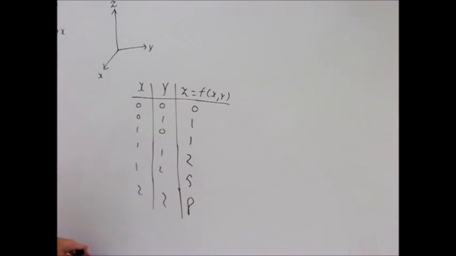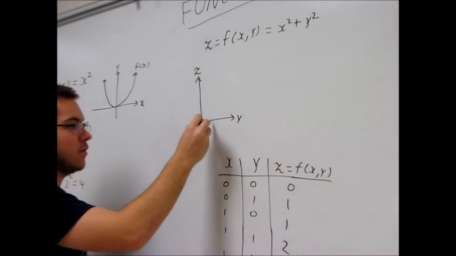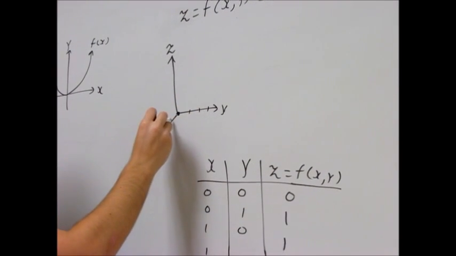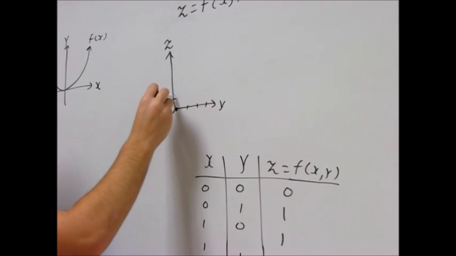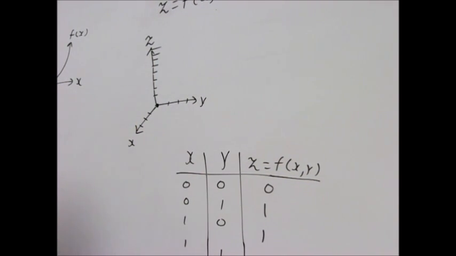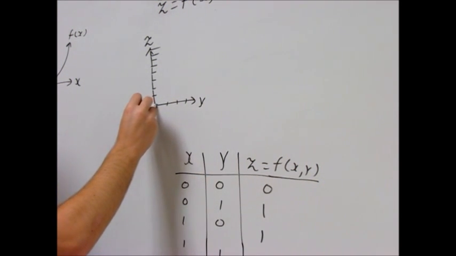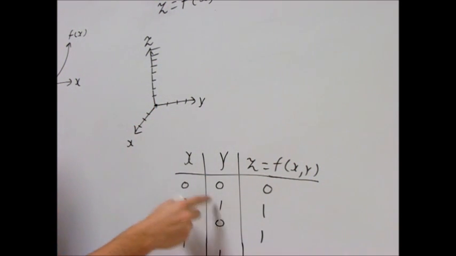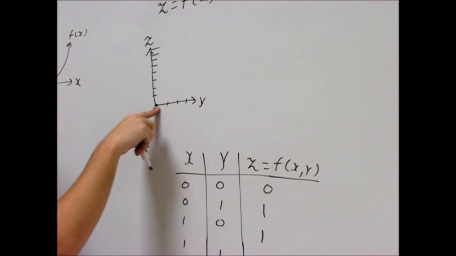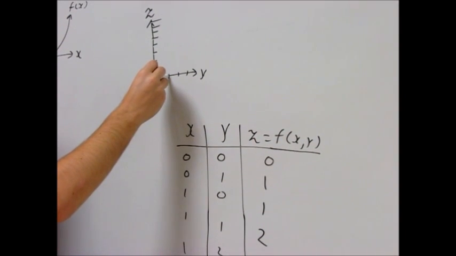Now I can plot these points so I can get an idea of what this looks like. 0, 0 gives you 0, so here's the origin. And 0, comma 1, that's 0 in the x and 1 in the y, and from this point you go up 1.